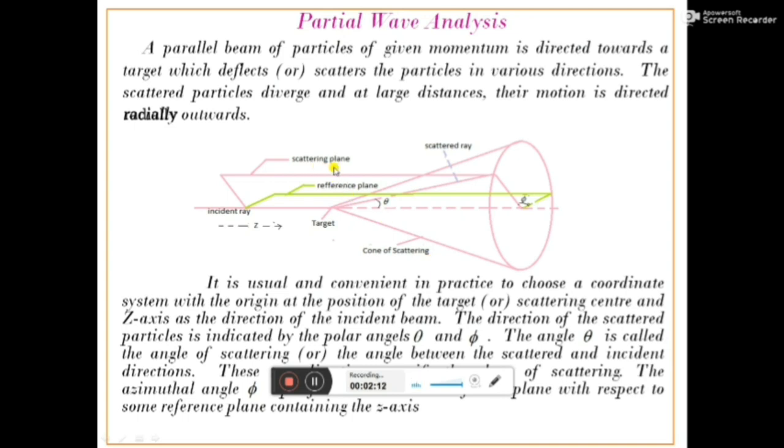The scattering plane is nothing but a plane which consists of the scattered ray and the incident ray, and theta is the scattering angle, and phi is the azimuthal angle, which is the angle between the scattering plane and the reference plane. This reference plane contains the z-axis.